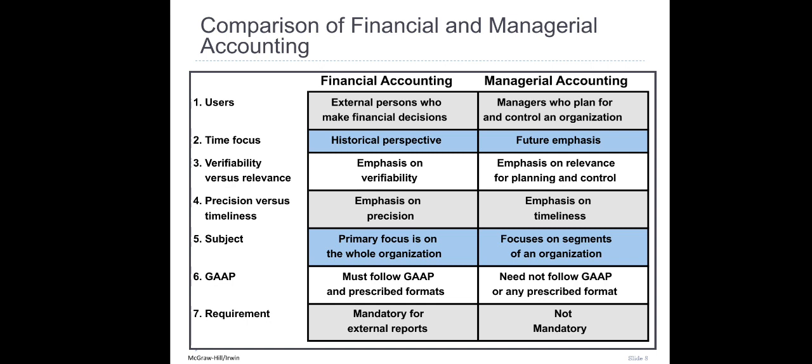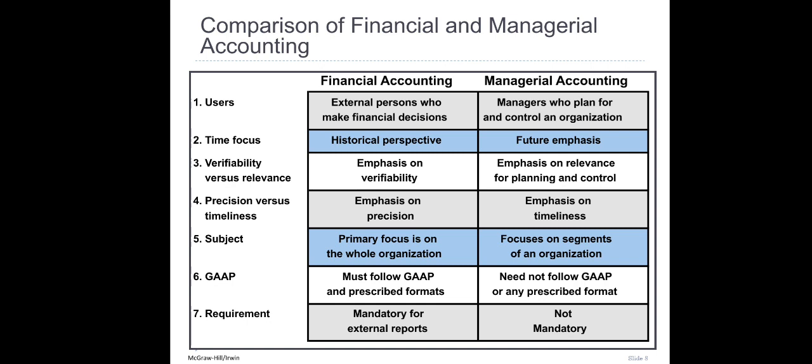You will see later in management accounting, in order for the management accountant to do things quickly, the management accountant will use many estimates. Because if the management accountant wants to collect actual data, then the management accountant has to wait until the end of the month or the end of the year.